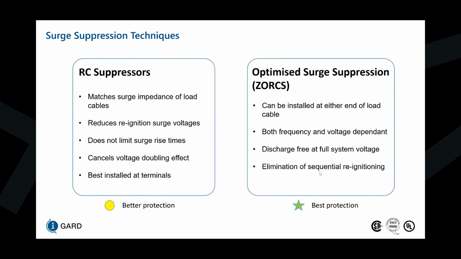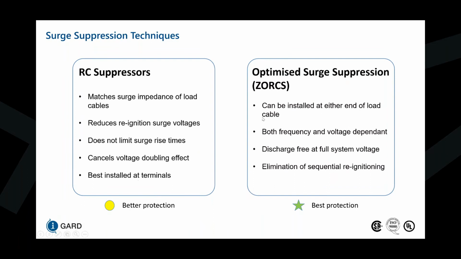Now, at RC suppressors or snubbers, we match the surge impedance of load cables using the resistor, reduce reignition surge voltages. Unfortunately, it does not limit surge rise times. It cancels the voltage doubling effect by utilizing the resistor, and it's best installed at terminals.